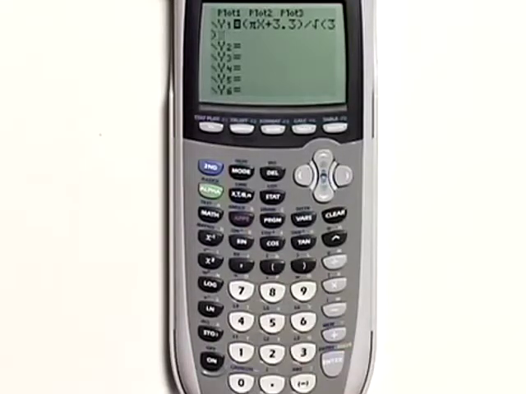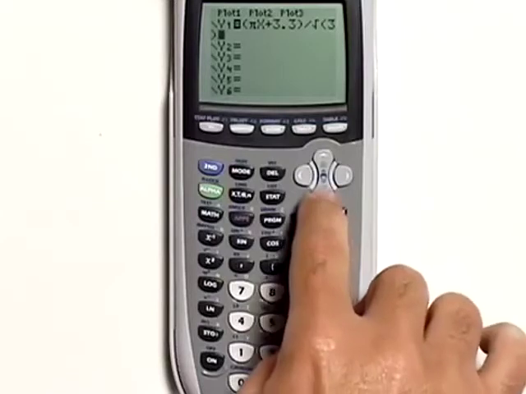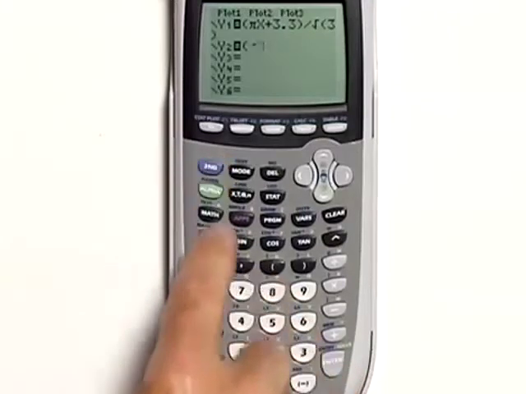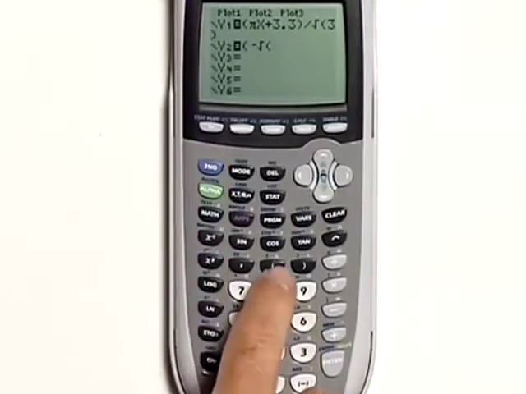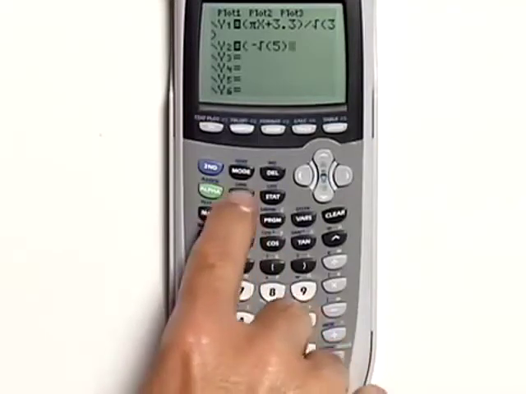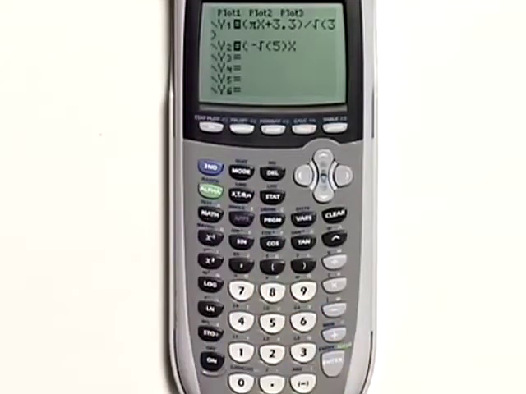That's our first equation. For equation number 2, we hit the down arrow key, which brings us to y sub 2. Here we enter a parenthesis, and now we have negative the square root of 5, so we hit second, x squared. It gives us a parenthesis. We enter 5 and close the parenthesis, so we have negative the square root of 5. That gets multiplied by the x key, and then we add 2.1.